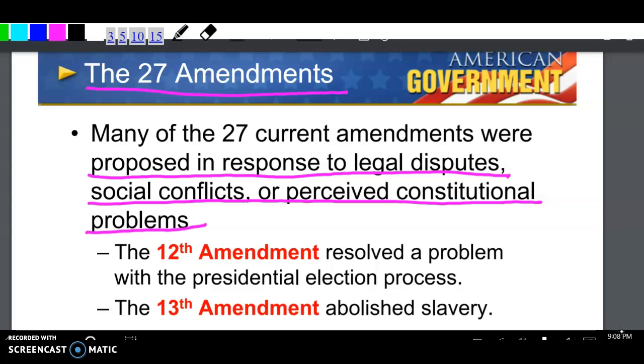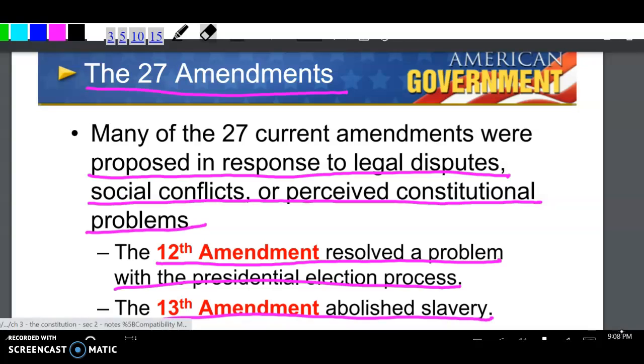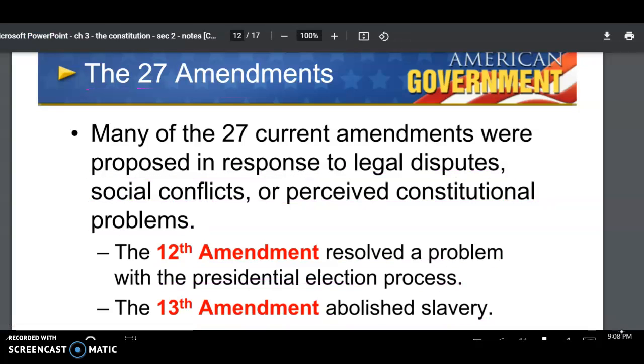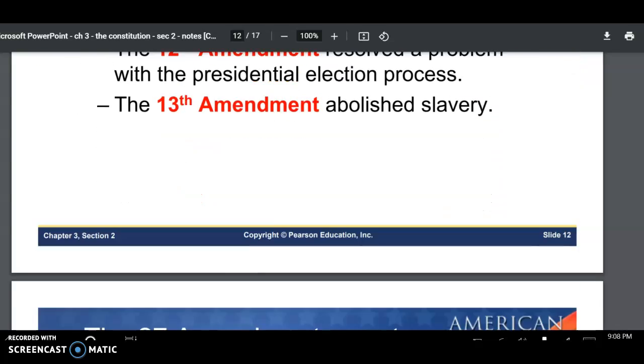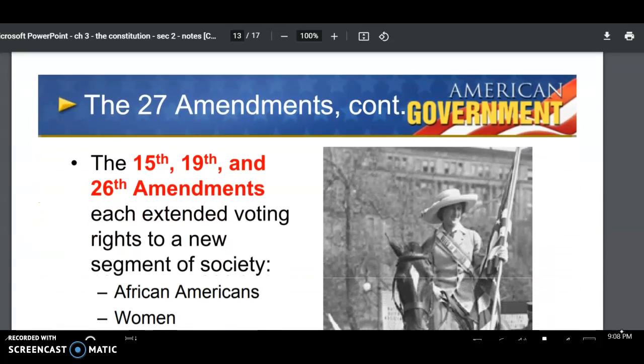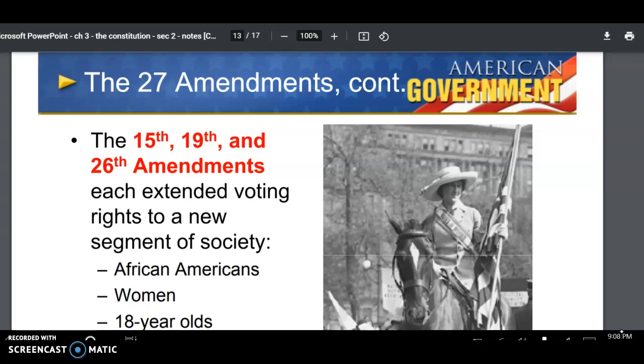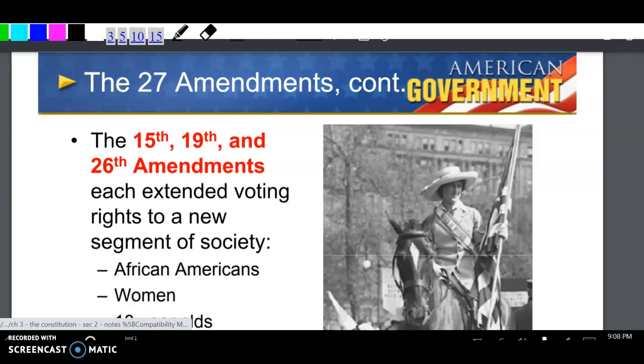Okay, so the 12th Amendment resolved a problem with the presidential election process. The 13th Amendment abolished slavery. So this just gives you an idea of some of the amendments that have been passed. These are just some of the important ones, some very important major amendments that were passed.